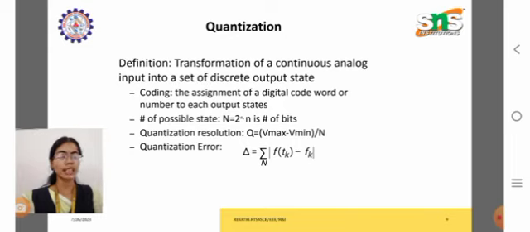Coding: the assignment of a digital code, word, or number to each output state. Number of possible states, N, equals 2 power n, where n is the number of bits. Quantization resolution Q equals V maximum minus V minimum divided by the total number of states. Quantization error is given as follows.